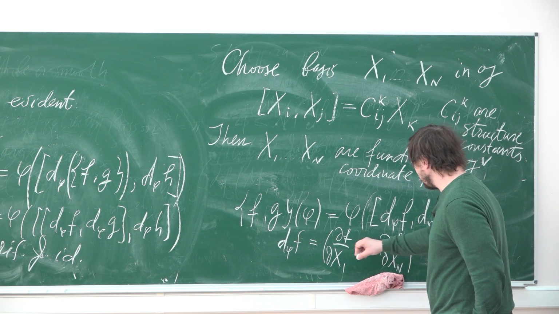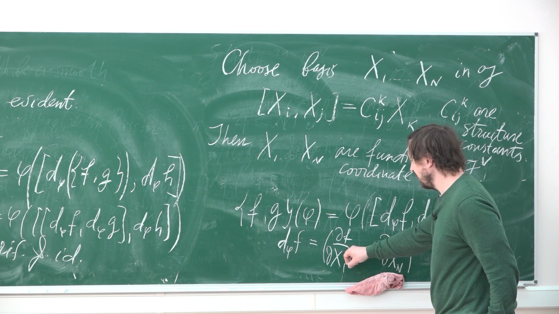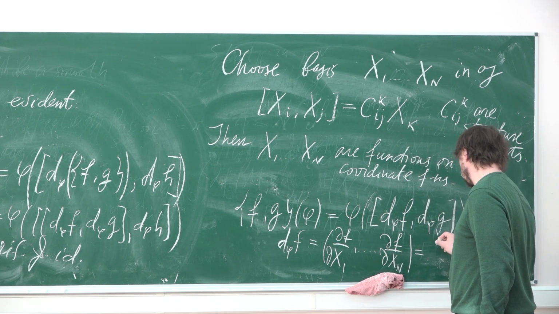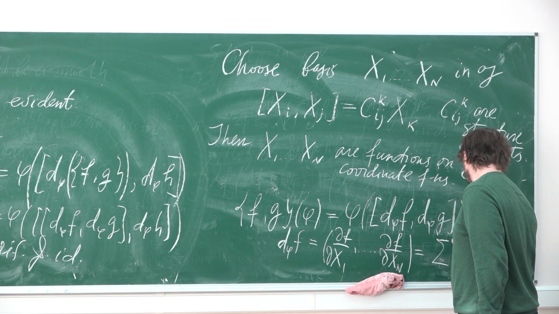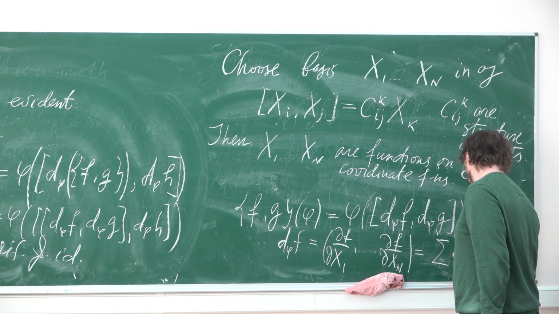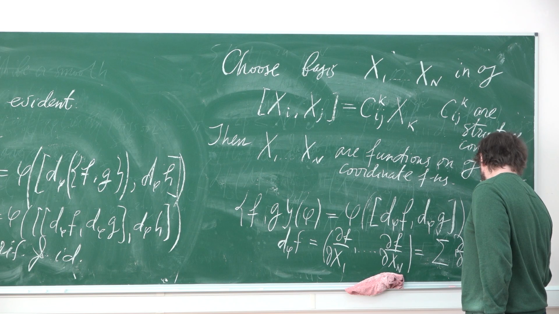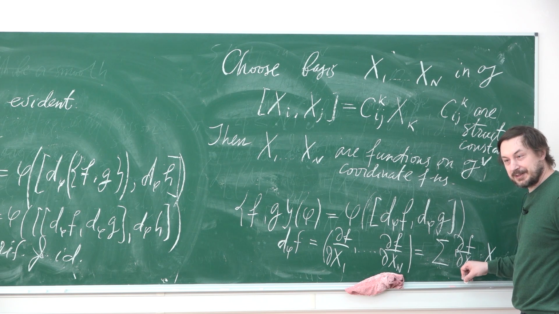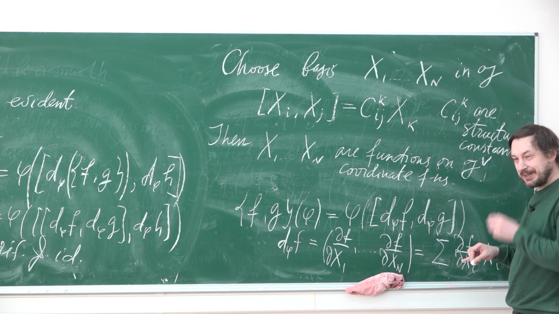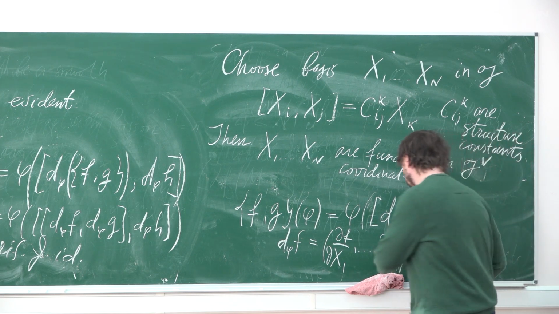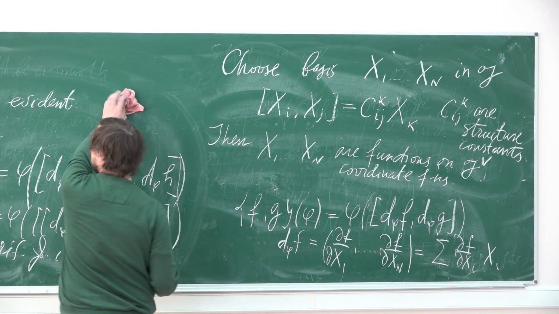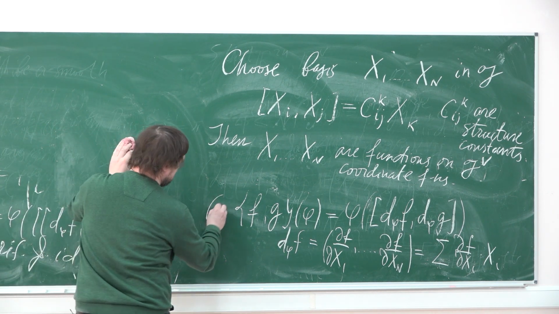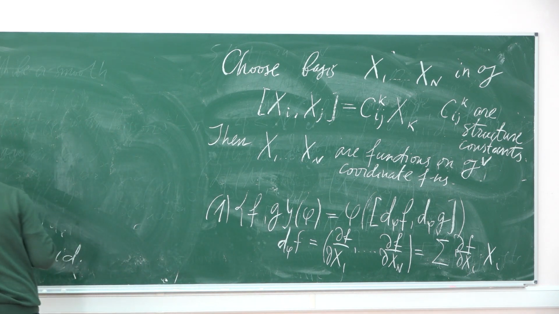You can actually imagine that they are just coefficients standing in front of x1 through xn. So you can actually write it as the sum of df dxi times xi, where here xi in this formula are just the coordinates, and here they are bases. So they look the same, but they're different. So we write this formula in terms of the coordinates.